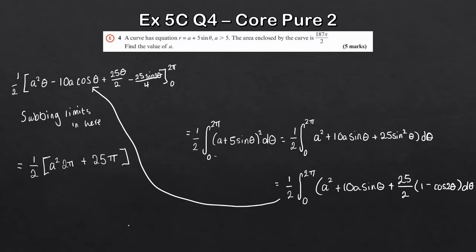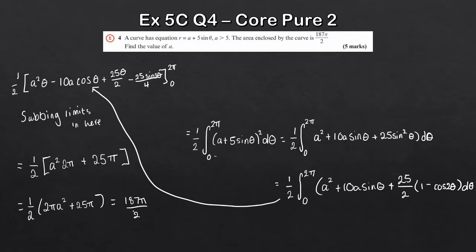And then at this stage, what we know is that this is the area, and we're told that the area is equal to 187 pi over 2. So if I just make this look a bit neater, like so, we know this is equal to 187 pi over 2.